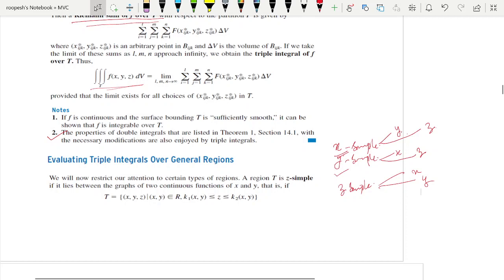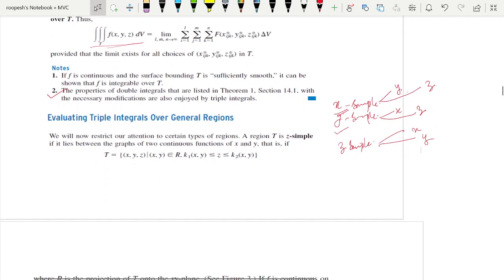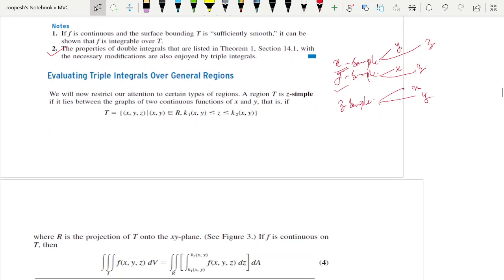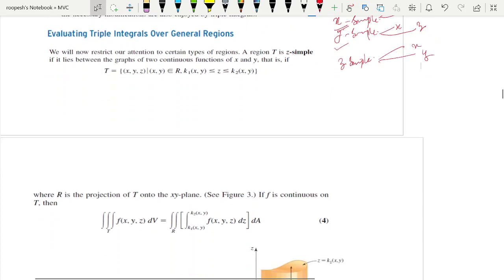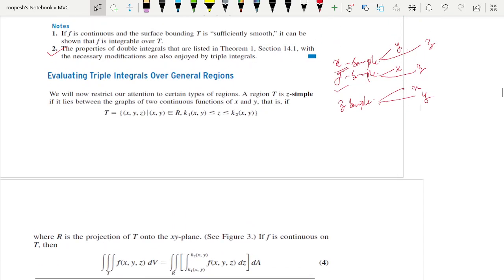We have done double integration in x-simple and y-simple cases, so here also we can do triple integration over x-simple, y-simple and z-simple regions. Here is one example. Let k1(x,y) be less than or equal to z less than or equal to k2(x,y).